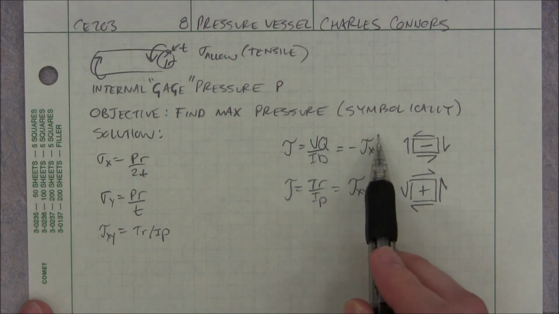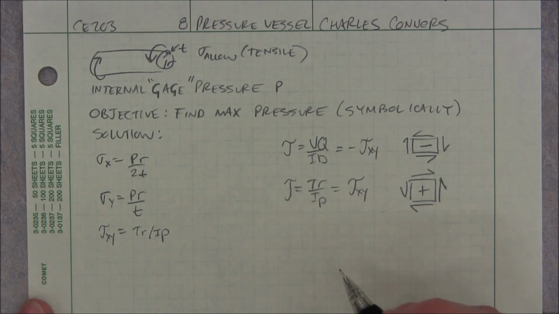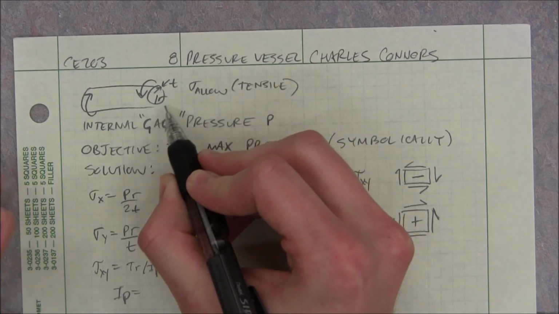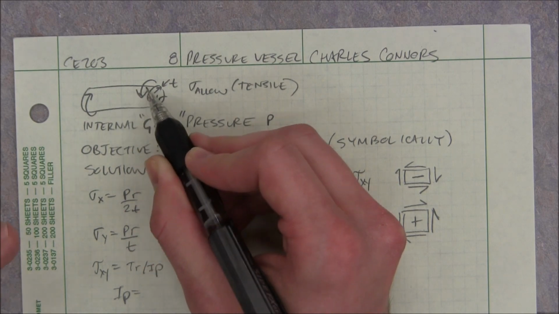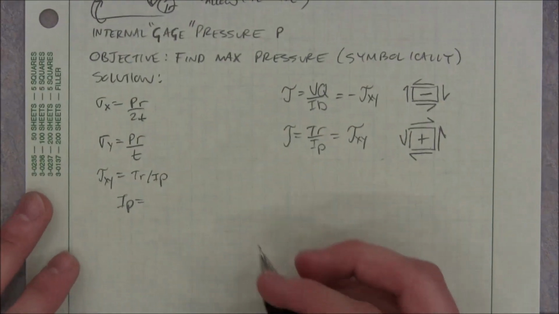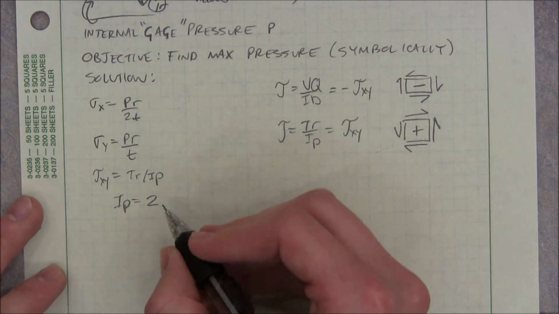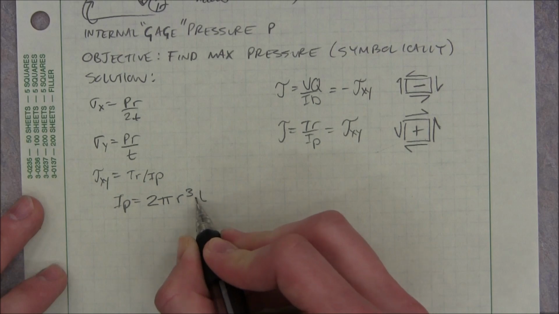We don't have any kind of shearing going on, so it's just our TR over IP. Remember, our IP is different than our IX. We have a circular cross-sectional area. However, this is also a thin-walled tube that we're talking about. So that means for our IP, we use the approximation for thin-walled tubes. It's 2 pi r cubed t.